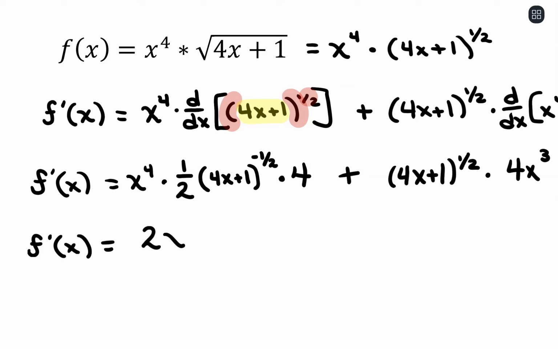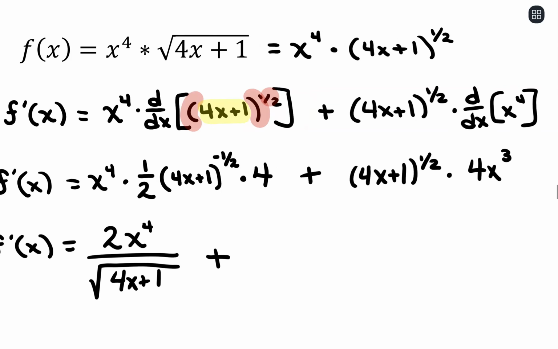We're going to have that x to the fourth, and then in the denominator, that negative exponent's going to move this to the denominator for a square root of 4x plus 1. And then we're adding this with 4x cubed times the square root of 4x plus 1.